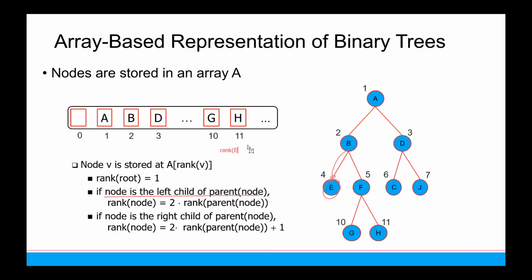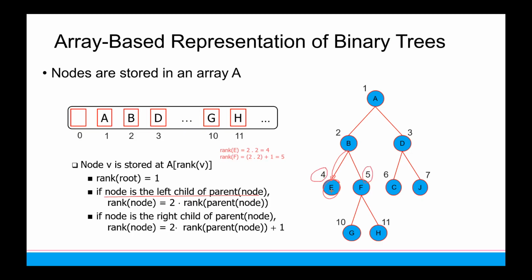It will be 2 multiplied by the rank of the parent node B, plus 1, which is 5. So you will see this is 4, this is 5.